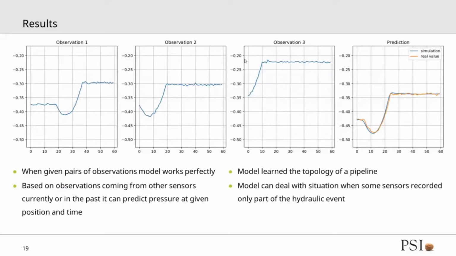And the model can deal with many situations that occur in the pipeline. One of them is different topology. In some points, the base value of the pressure is higher, while in others it's lower. Another problem is that some sensors can record only part of the event, as we can see, for example, in observation 3, where only the second part of this event is recorded, but the model still works perfectly fine.